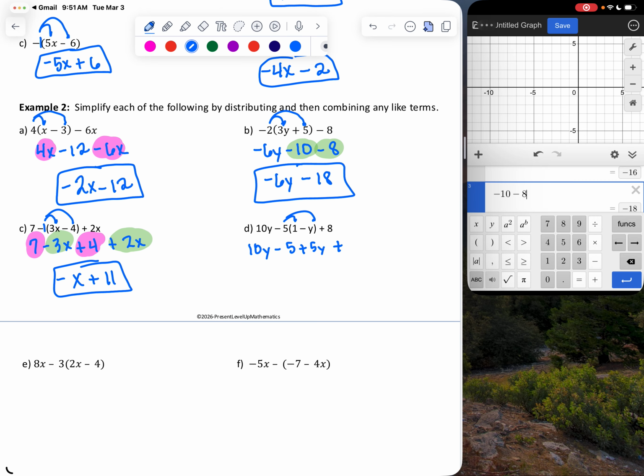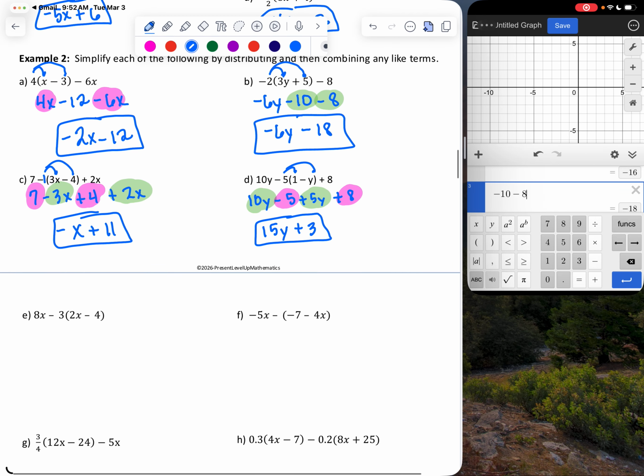And then plus 8. Then I highlighted my like terms. I had 10y plus 5y. And then I had negative 5 plus 8. So 10y plus 5y is 15y. And negative 5 plus 8 was positive 3.